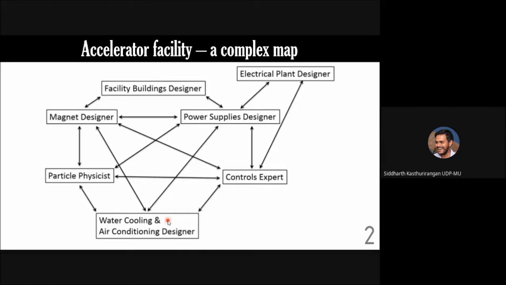Now, these people have to be in touch with the magnet designer because the magnets require cooling. They have to be in touch with the power supply designer because the power supply also requires cooling many times. They have to be in touch with the actual physics aims of the experiment, because there may be other things like the vacuum systems, etc., which require cooling, and other detectors, etc., which will require cooling.